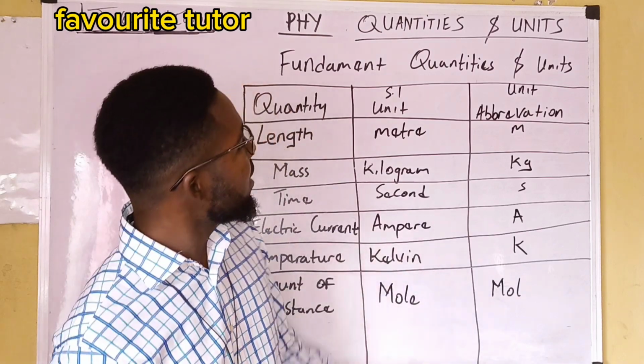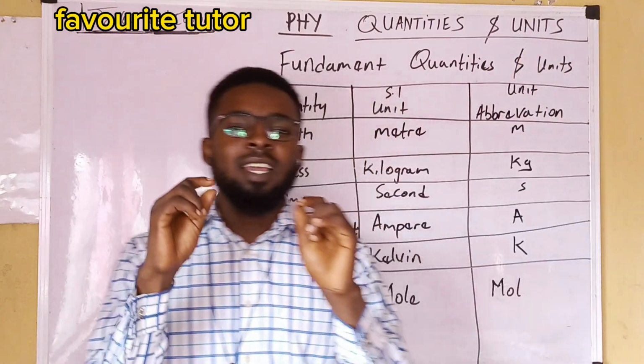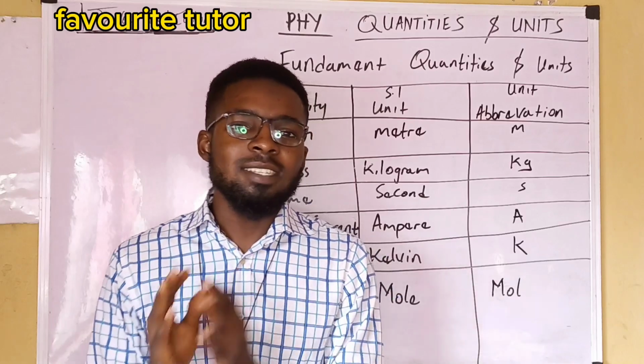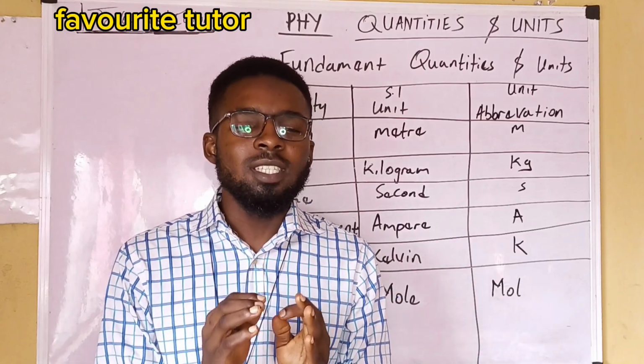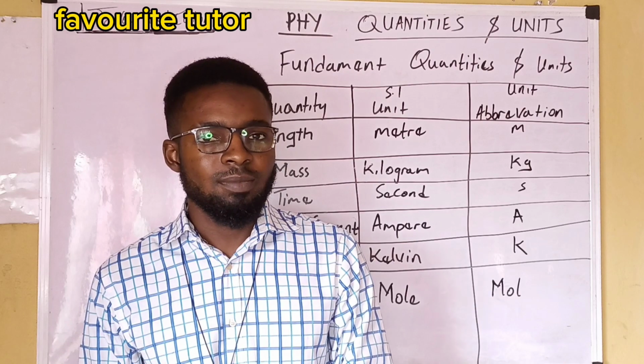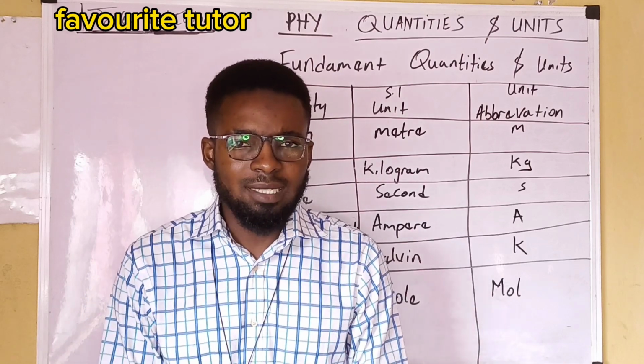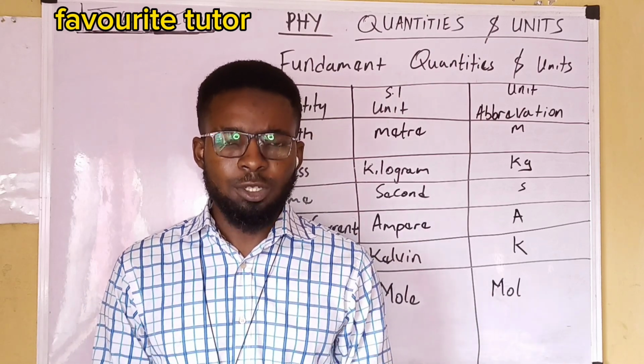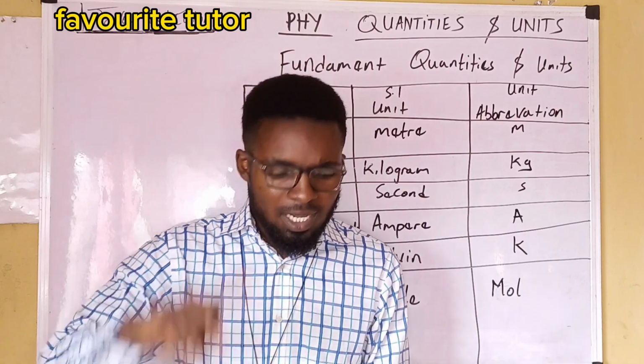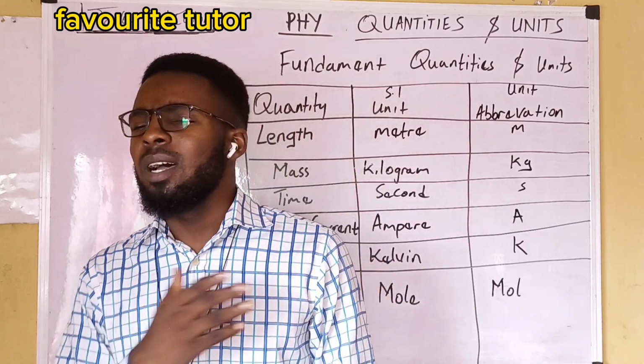All right, let's move to units. A unit is a yardstick in which a quantity is being measured. For example, length can be measured in millimeter, centimeter, kilometer, and so on.